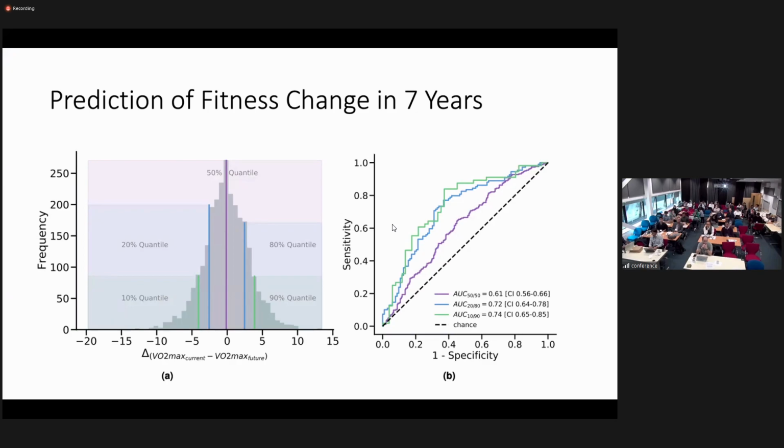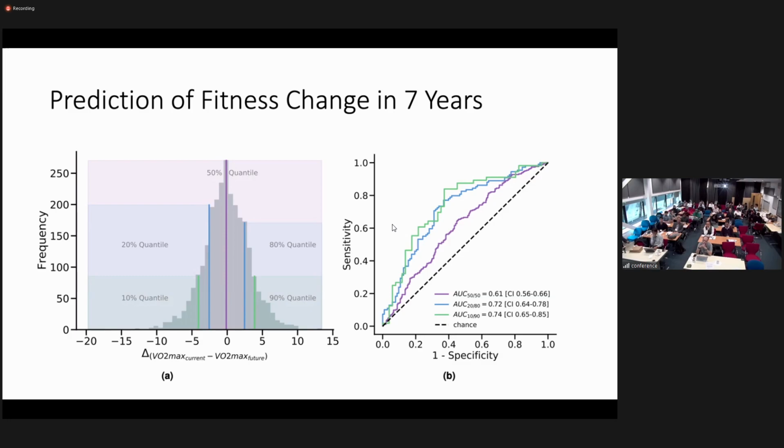And here, the green curve is the one where the change has been higher. In the case of the change being higher, we are able to predict that better, which means we're able to predict big changes, but not small changes in the 7 year period between the VO2 max of the people when they are 7 years younger and then 7 years older.